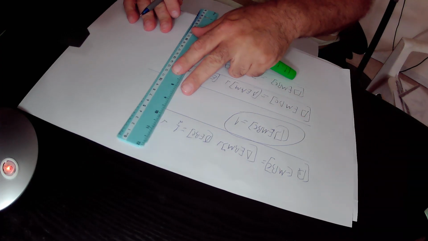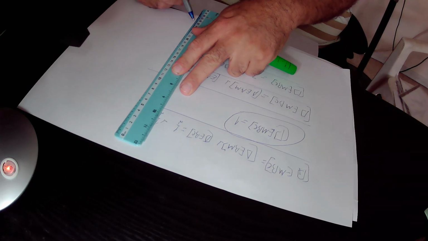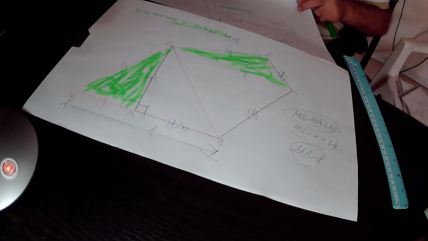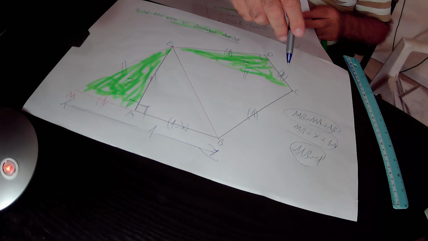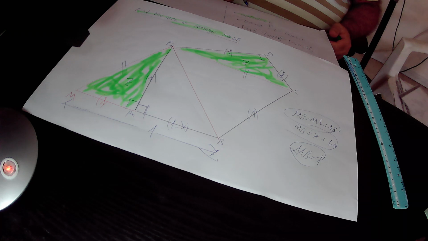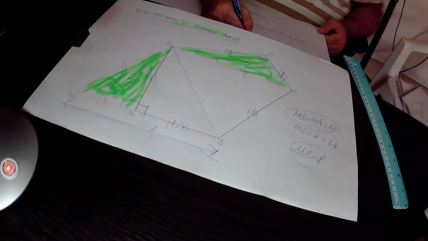Our task is to find out the area of pentagon ABCDE. This is pentagon ABCDE. So what is the area of this pentagon ABCDE?